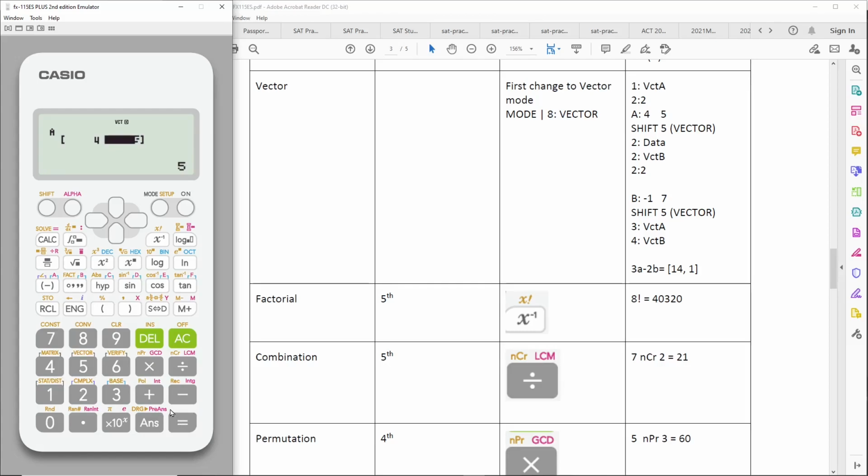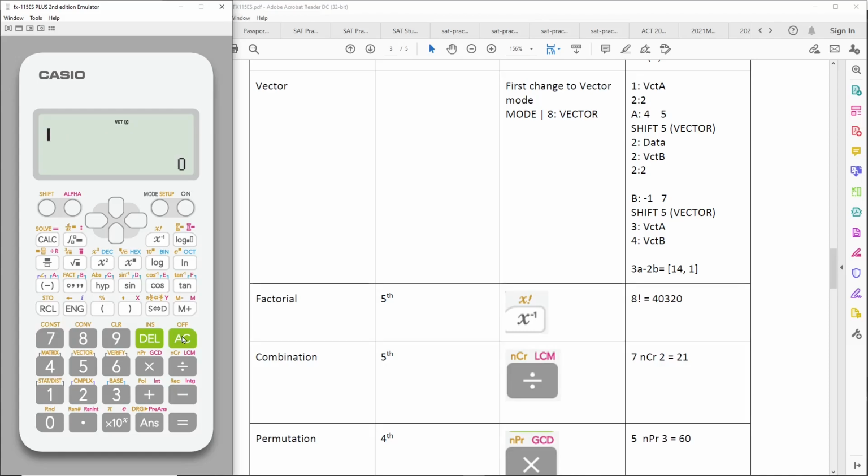Okay, go back to the screen. I want to edit vector B, so I do shift 5 for the vector menu, back to data, vector B, so number 2 again, and it's going to be 2 elements, so 2, and it's going to be -1 equal, and 7 equal.